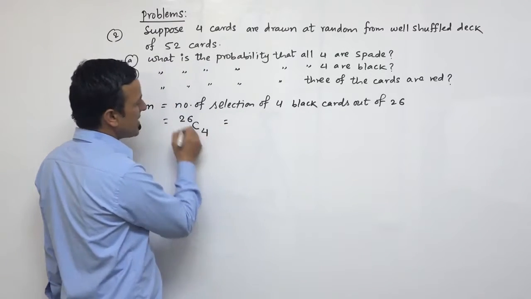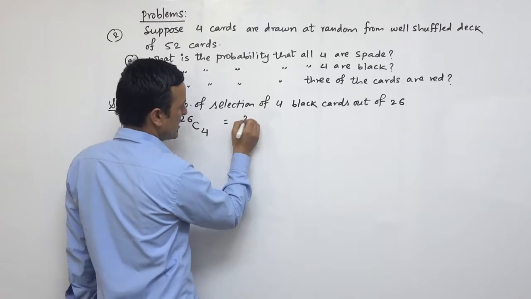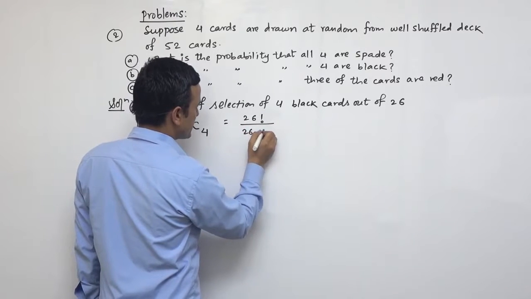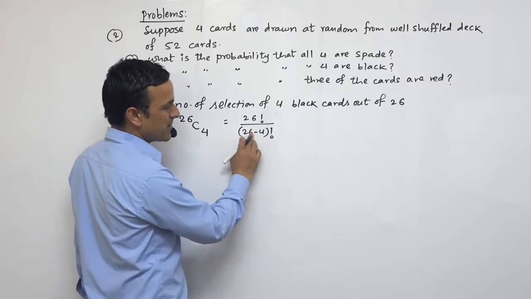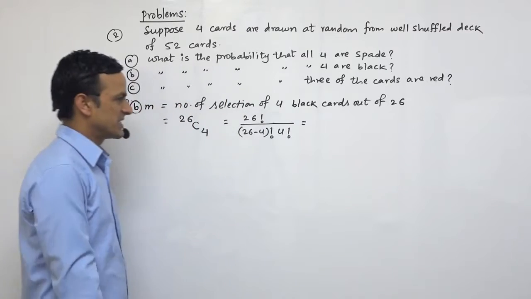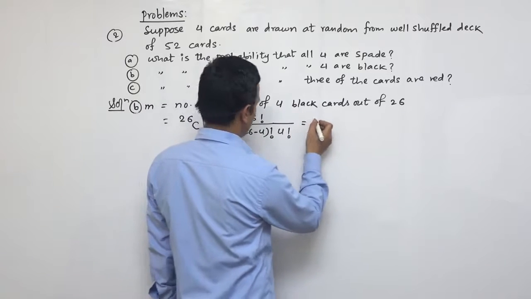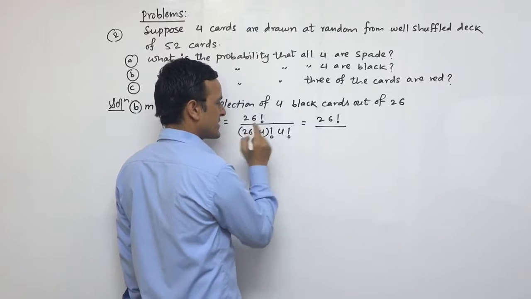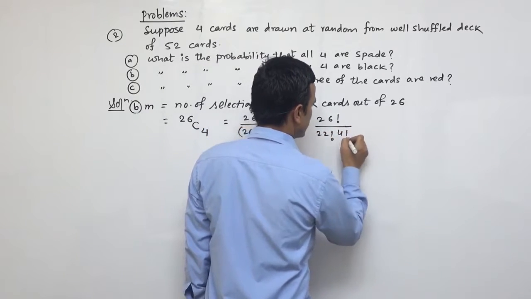So if we solve this question by using the combination formula, then we get 26 factorial divided by 26 minus 4 factorial, this minus this, that means n minus r, and again times r factorial. So this is the expression obtained from the formula: 26 factorial and 26 minus 4 means 22 factorial, and 4 factorial.